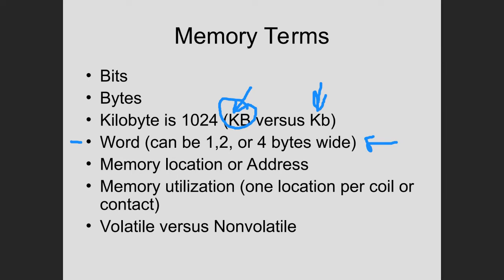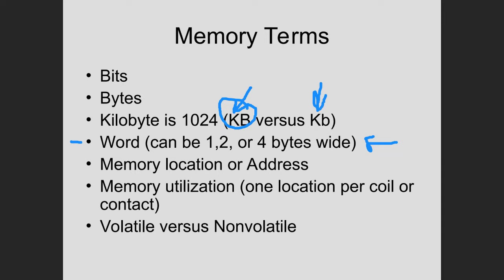Let me go back, because on the quiz, I want to be clear. If I ask you to define a bit, you're going to tell me that's a single binary digit, a 1 or a 0. If I ask you to define a byte, that's 8 bits. Kilobyte is going to be 1,024 bytes.